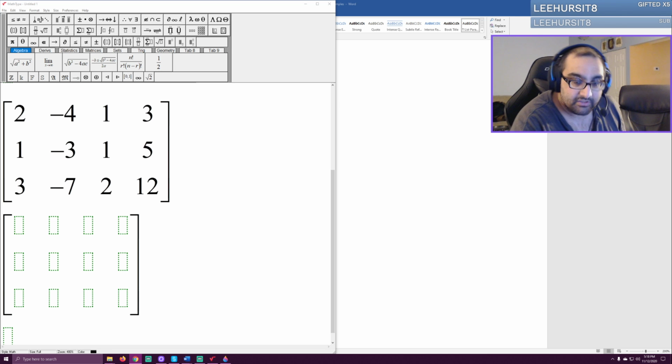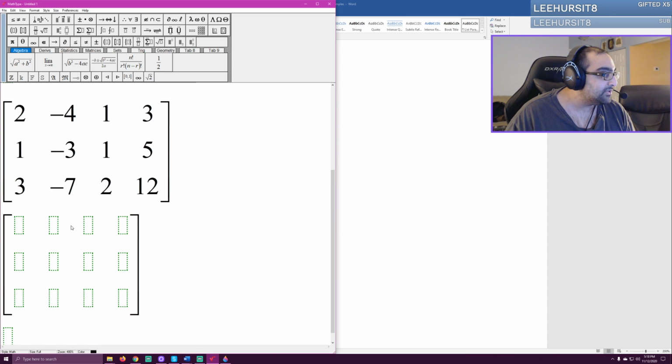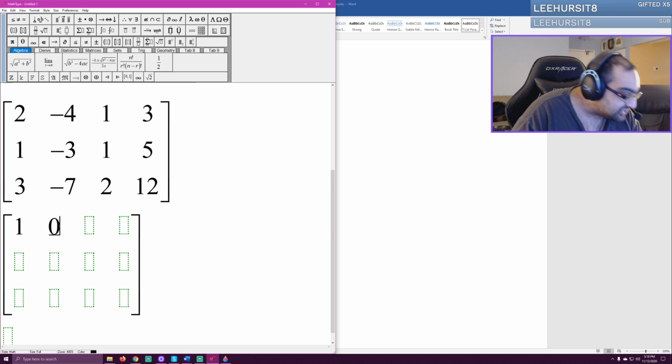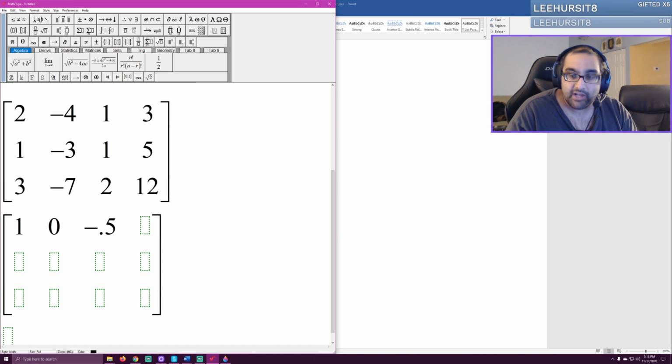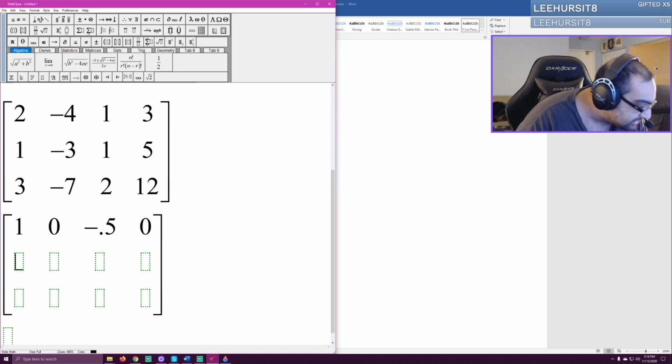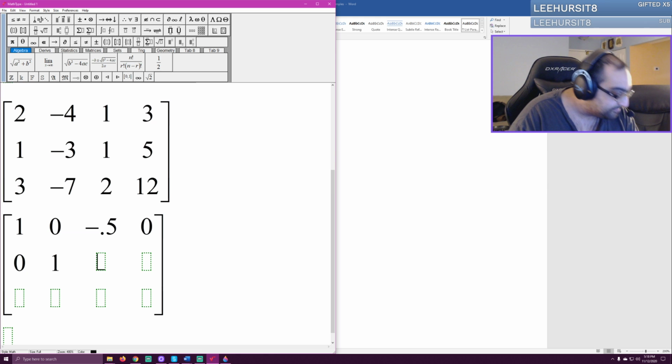Well, that's okay. All right, so let's take a look at the resulting matrix that we got here. I'm going to go over this very carefully. This is the resulting matrix that you should have gotten once you did all the steps again. You may see minus 0.5 or a half, depending on how new your calculator is, but it doesn't really matter.